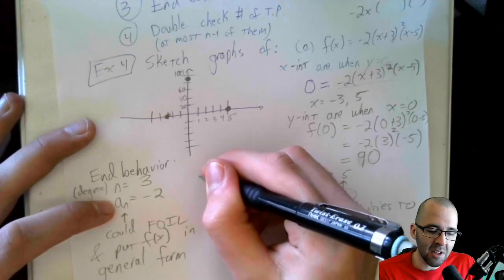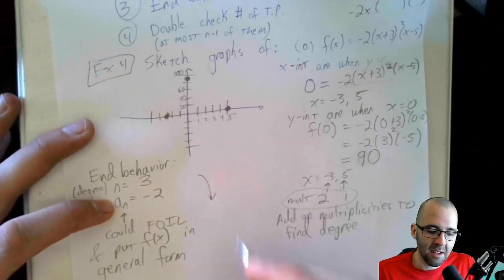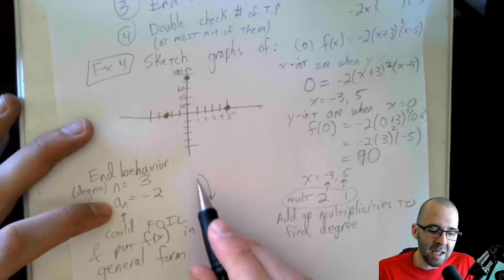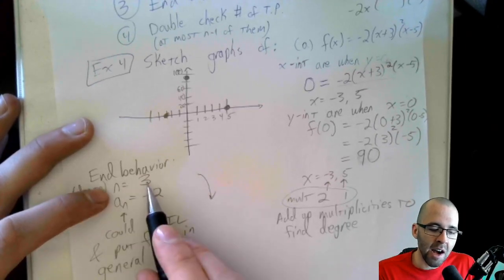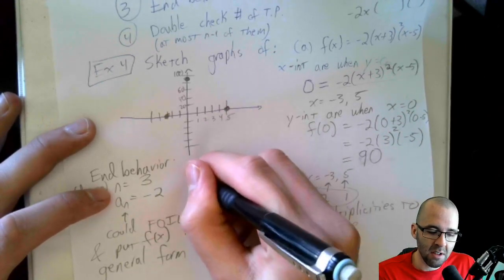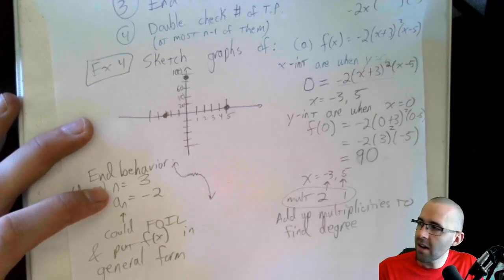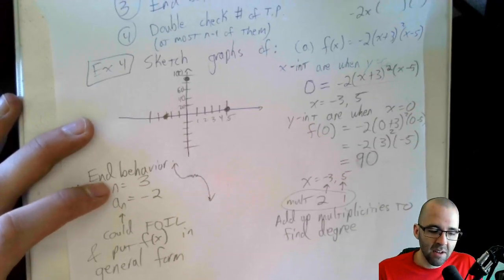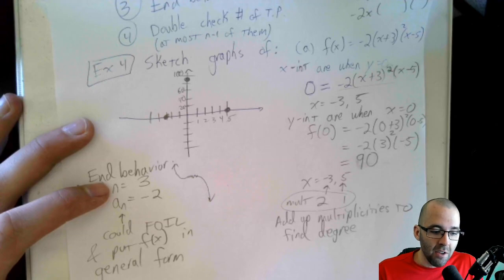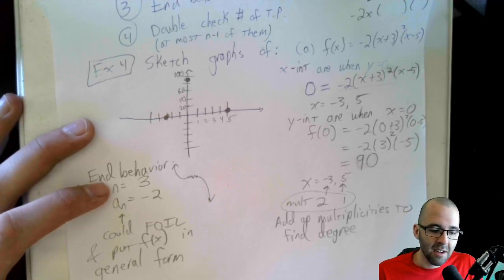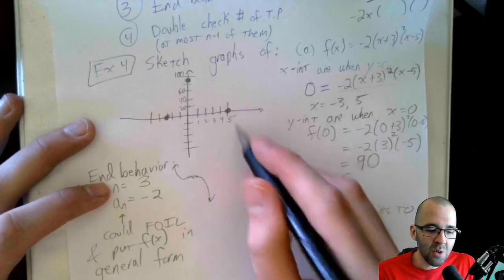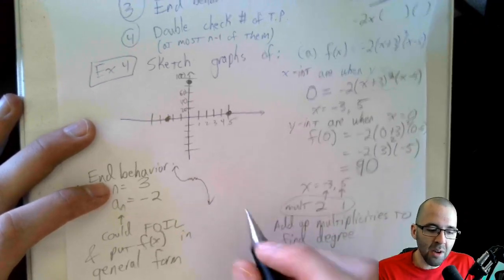Because it's negative, it means it goes down to the right. Negative means down on the right. Odd means opposite directions. That's our end behavior. Now we know which way it's going on the right. It's going down on the right.